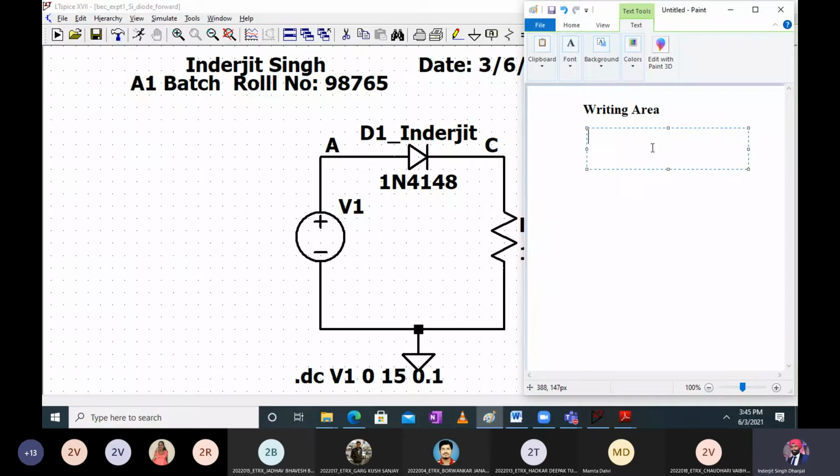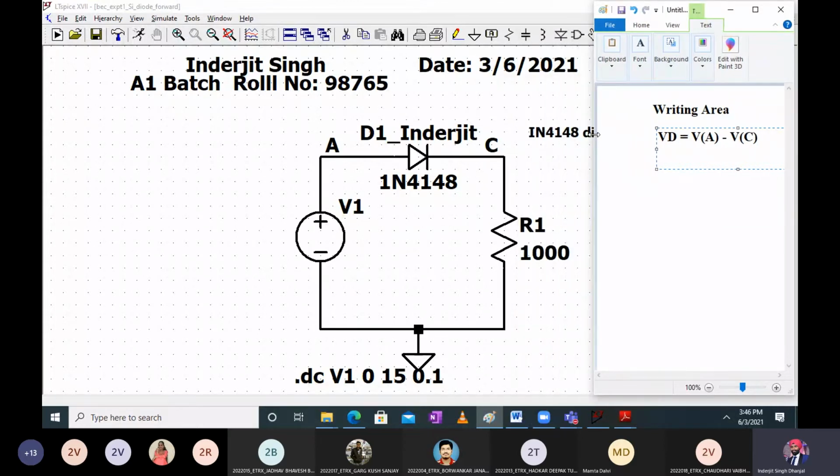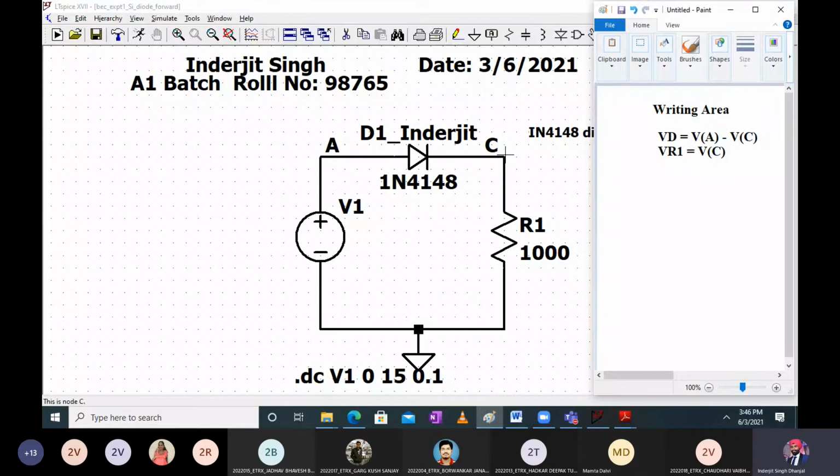Let me write it over here: diode voltage VD will be equal to V of A minus V of C. And what is the voltage across the resistor R1? VR1 will be equal to V of C. Any problem in understanding this? Diode voltage is anode voltage minus cathode voltage, and resistor voltage is V of C.